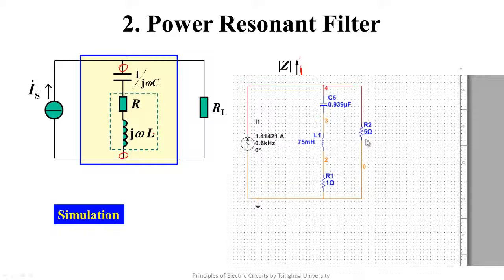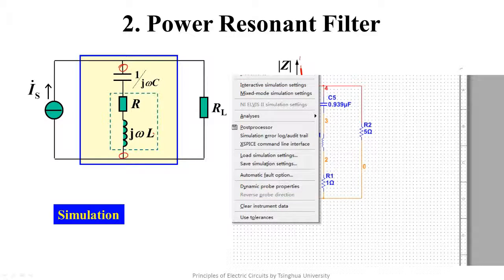So this is a parallel connection of 1 ohm and 5 ohms. The current with a frequency of 600 Hz mainly flows through this branch. For the current with other frequencies, this branch represents larger impedance, so these currents all flow through the load. This realizes a function of eliminating 600 Hz harmonic current. Let's start the simulation.